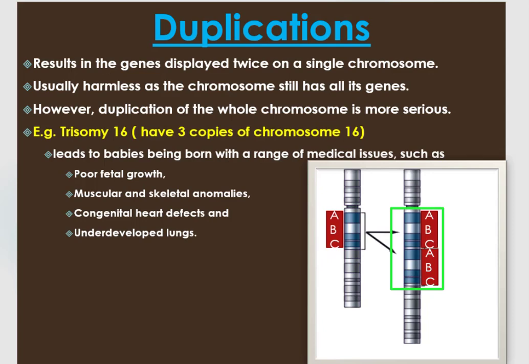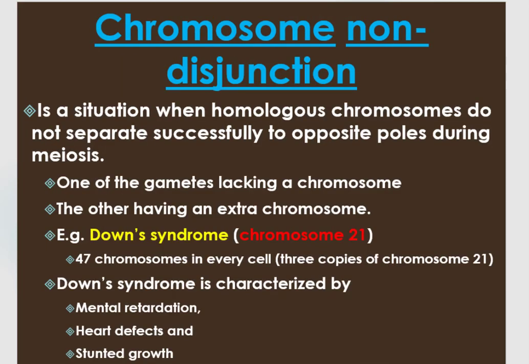Chromosomal non-disjunction is another situation when homologous chromosomes do not separate or segregate successfully to opposite poles during meiosis. That means one of the gametes lacks a chromosome and the other gamete has an extra chromosome.